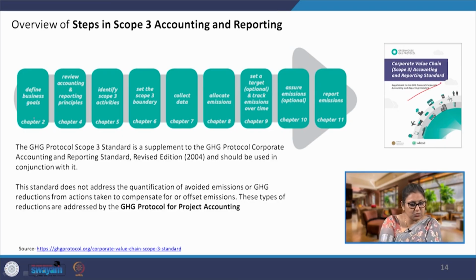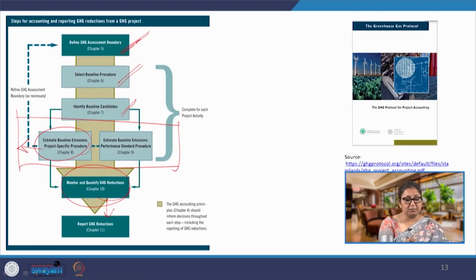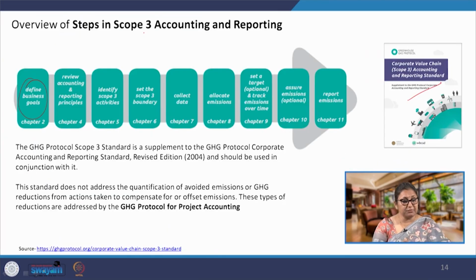For example, in this one we are defining the business goals very clearly first, while in the previous one we directly went ahead with identifying the project and defining the boundaries. Here we are first defining the business goals and then reviewing the accounting and reporting principles clearly. After that we are identifying the scope 3 activities and scope 3 boundaries.